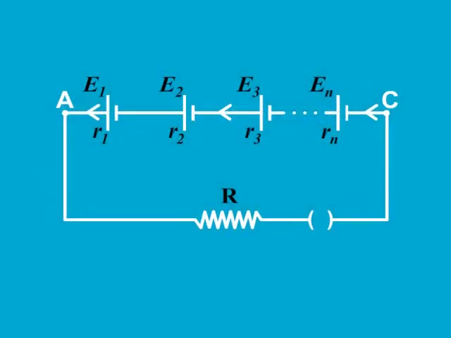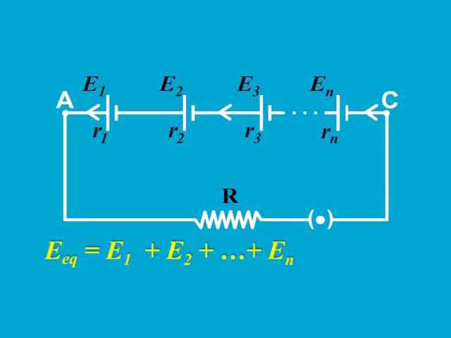If n cells of EMFs E1, E2, E3 and so on up to En and of internal resistances R1, R2, R3 and so on up to Rn respectively are connected in series between A and C, then their equivalent EMF, E equivalent is equal to E1 plus E2 plus so on up to En.